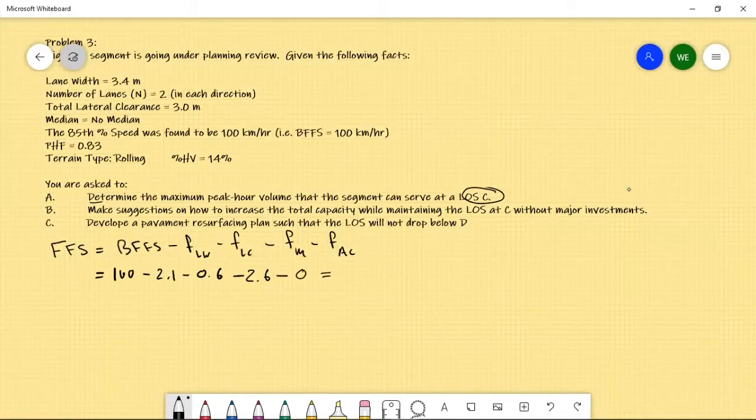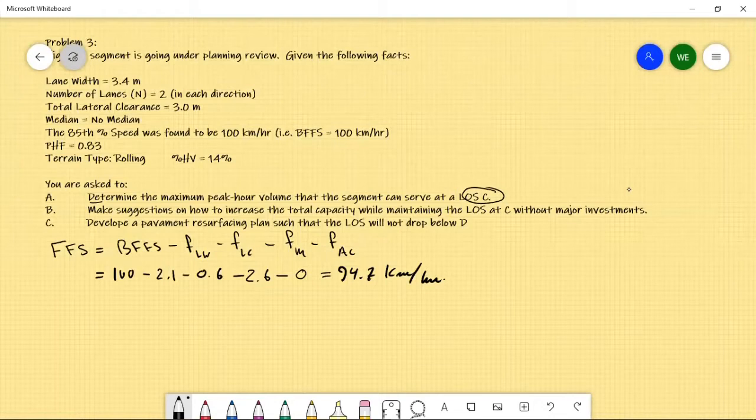If we substitute here, we have 100 minus 2.1 minus 0.6 minus 2.6. So we have 94.7 kilometers per hour. So that's the free flow speed. Now, the problem is asking to determine the maximum peak hour volume that the segment can serve at level of service C.